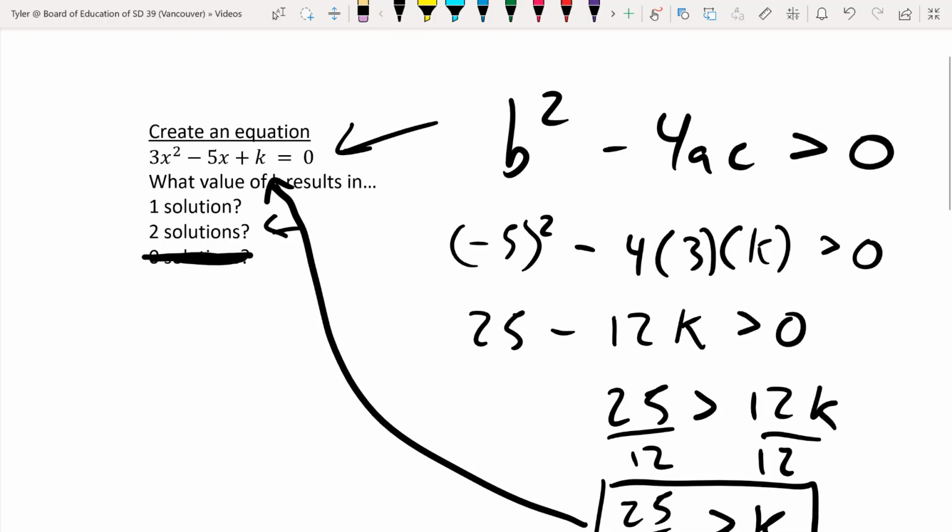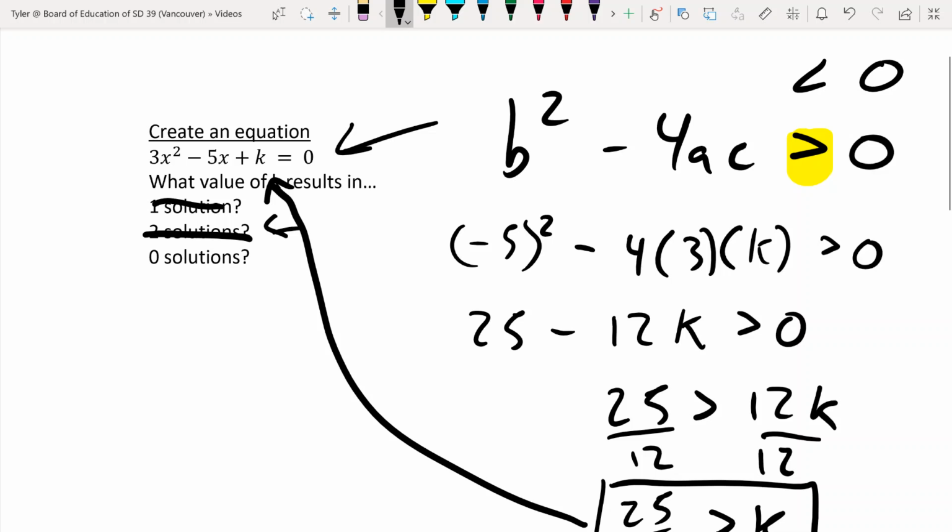If the question had said it wanted one solution instead of 2, we would have changed the equation. If we only want 1 solution, we want it to equal 0, and we rearrange and solve in the same way. Same with 0 solutions: we need it to be negative, so we need it to be less than 0. Do some practice questions.